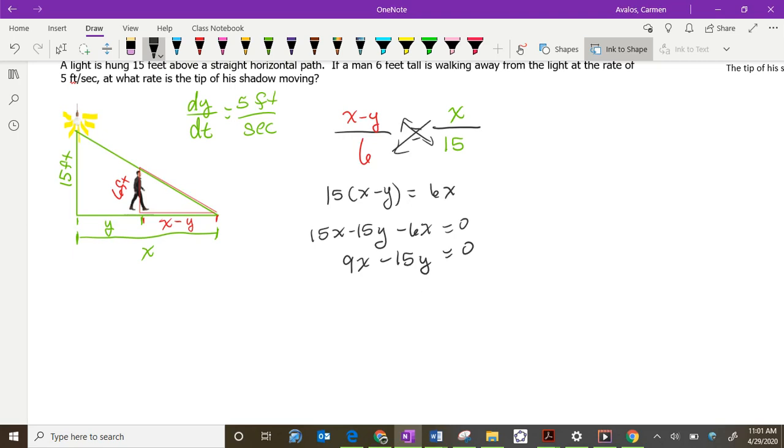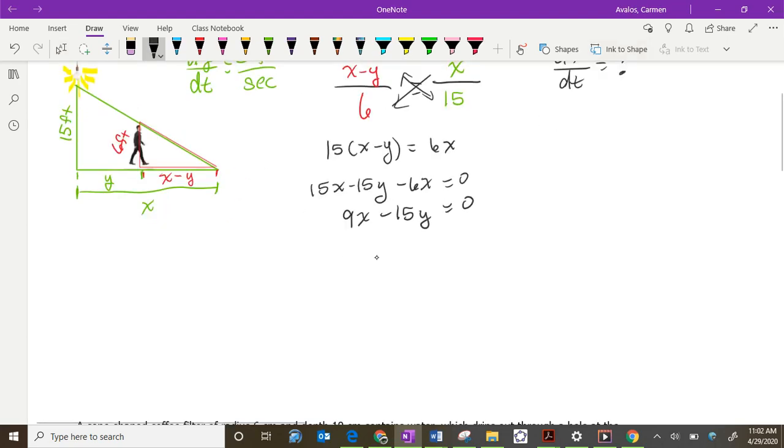Now we have a simpler problem that we can take the derivative of, because we want to know how fast the tip of the shadow is moving. What we're actually looking for is dx/dt, because we want to know the end of the X. Taking the derivative, 9 is a coefficient, so we get 9 dx/dt, leaving the 9 alone and taking the derivative of X. We leave the 15 alone, it's a coefficient, and take the derivative of Y: 15 dy/dt, equal to 0.